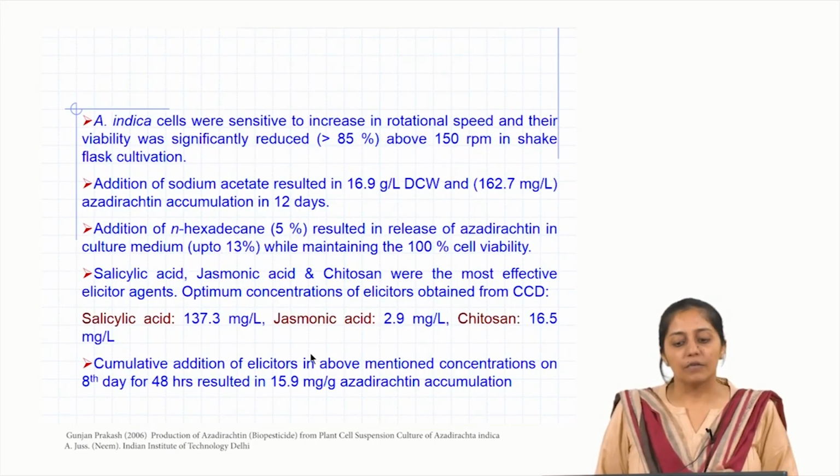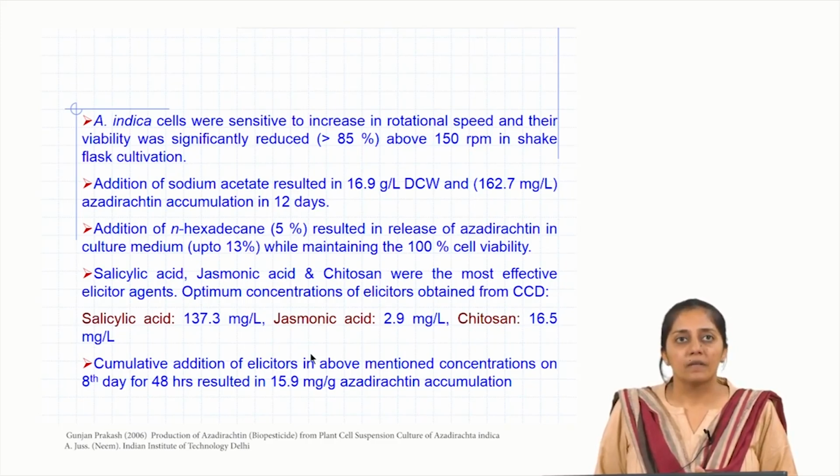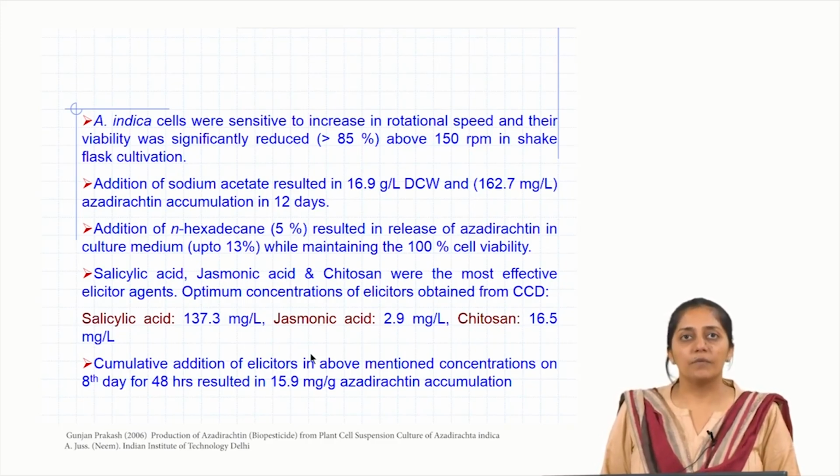The cells were found to be sensitive to shear, to increase in the rotational speed, where the viability was found to drop more than 85% above 150 rpm in shake flask. So, addition of sodium acetate was done as a precursor, where azadirachtin productivity was improved to 162 mg per liter in 12 days.